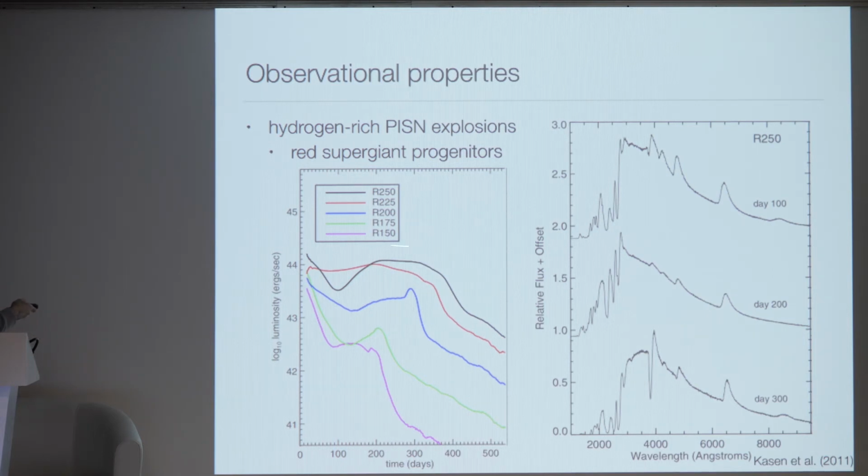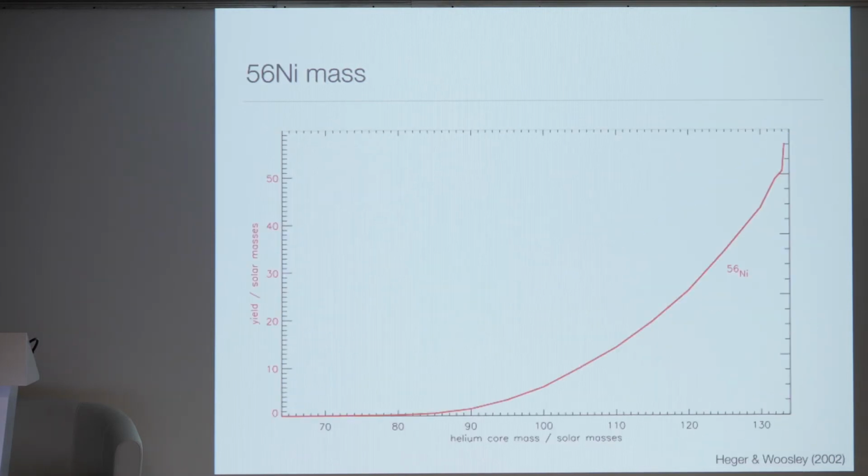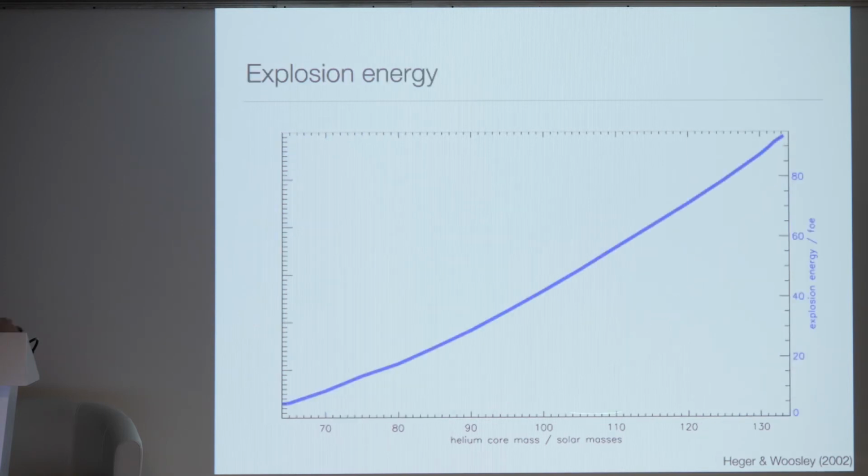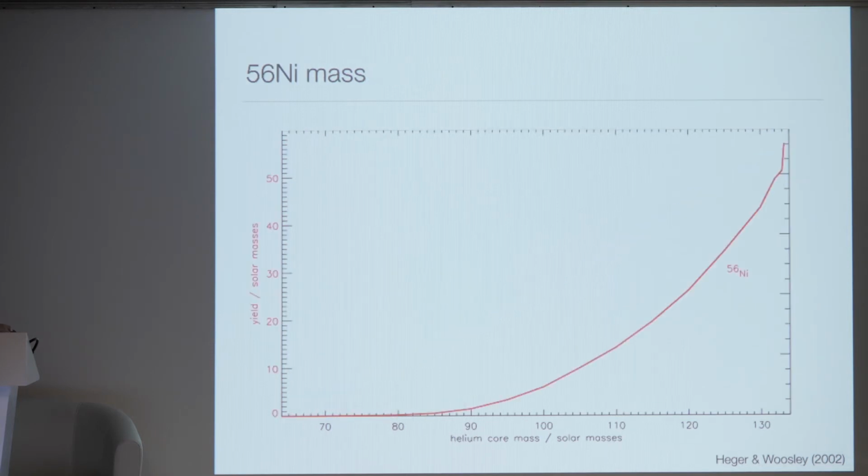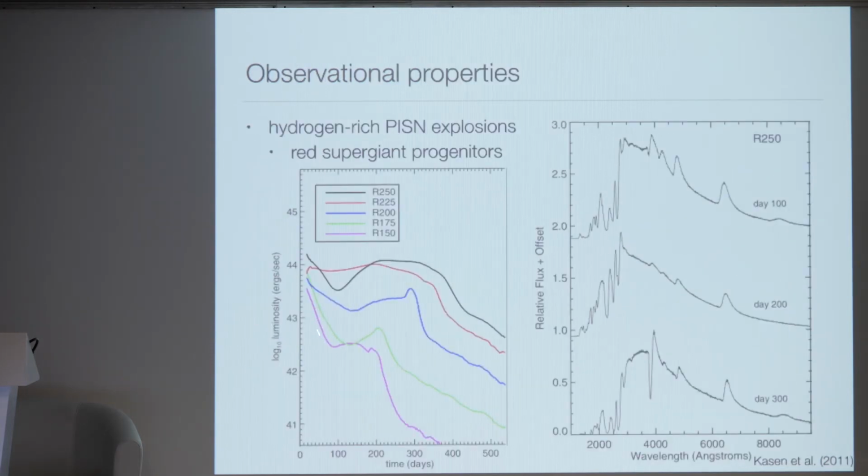So for this 150 solar mass pair instability supernova explosion, they have almost no nickel, as we saw before. So this is at this end, but the explosion energy is very high. If you have 5 times 10 to the 51 ergs or so, we can still have relatively bright transients. And then as the mass gets higher, you start to have a lot of nickel.